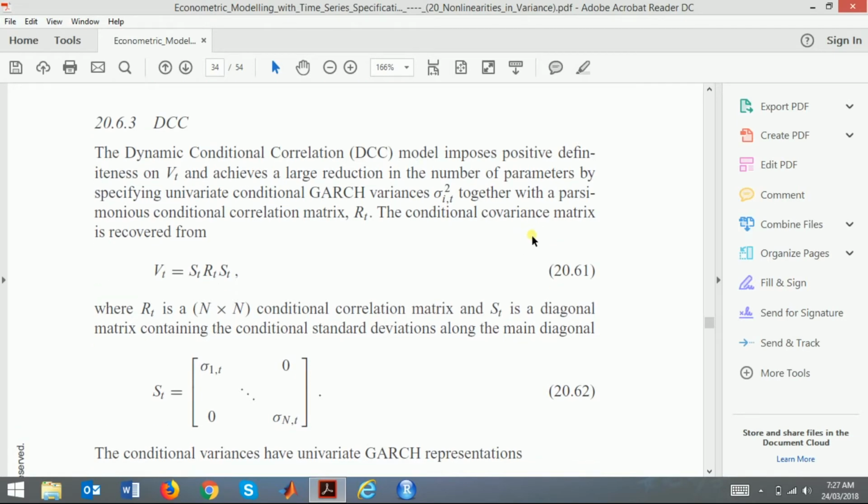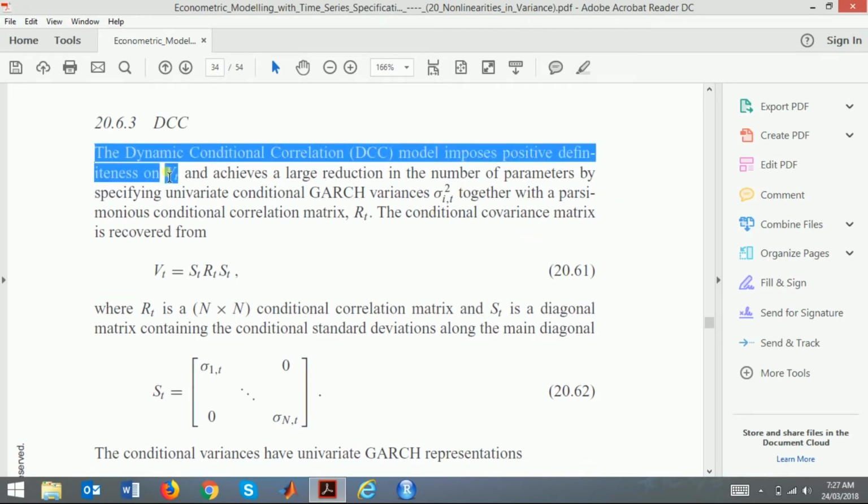The dynamic conditional correlation model imposes positive definiteness on the conditional covariance matrix and achieves a large reduction in the number of parameters. Okay, I don't understand it.